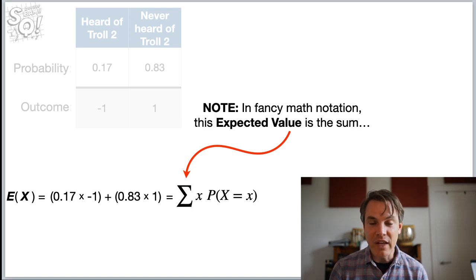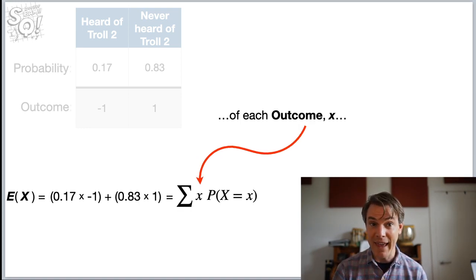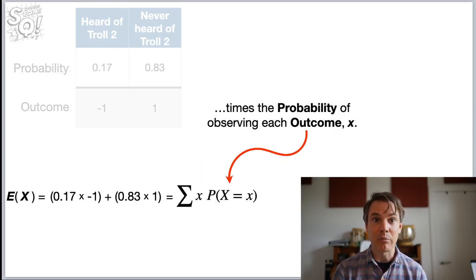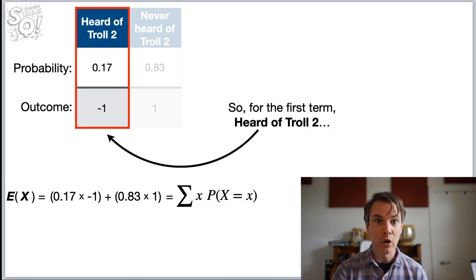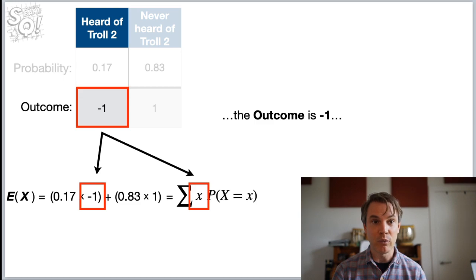Note, in fancy math notation, this expected value is this sum. So it's the sum of each outcome, x, and we'll talk about what x means in a little bit, times the probability of observing each outcome, x. Okay, so for the first term, heard of Troll 2, the outcome is -1, so x equals -1. So that's what we're observing, is that we've lost some money.